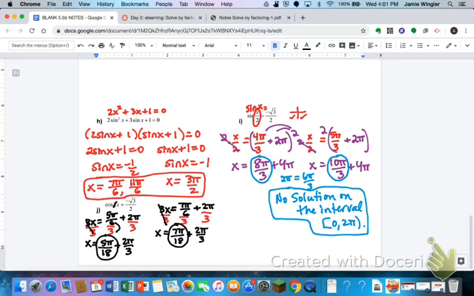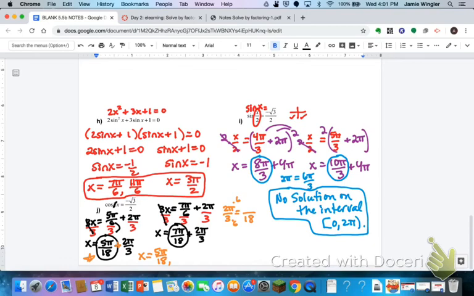So now you have to write your list of answers. I always start with the first one. So my list of answers is going to start with 5 pi over 18, but now I need to add 2/3 pi to that. Well, remember, to add fractions you have to have common denominators, so 2/3 pi is equal to what over 18?